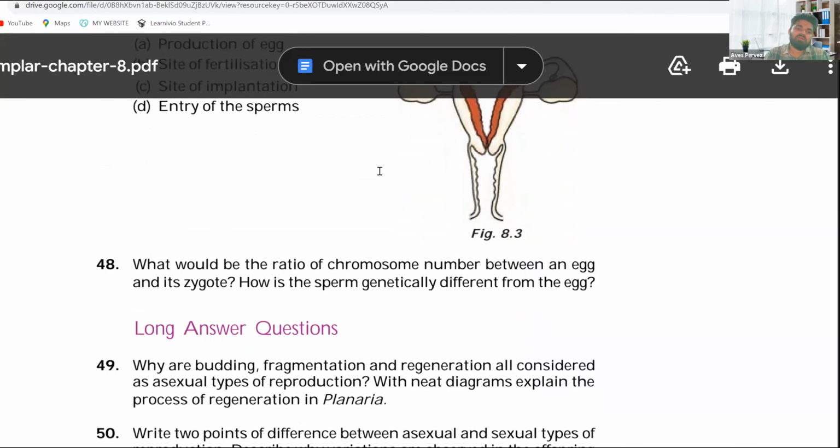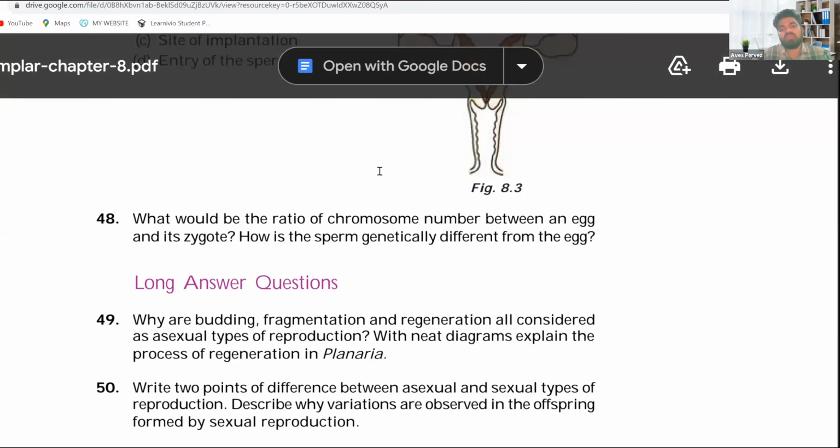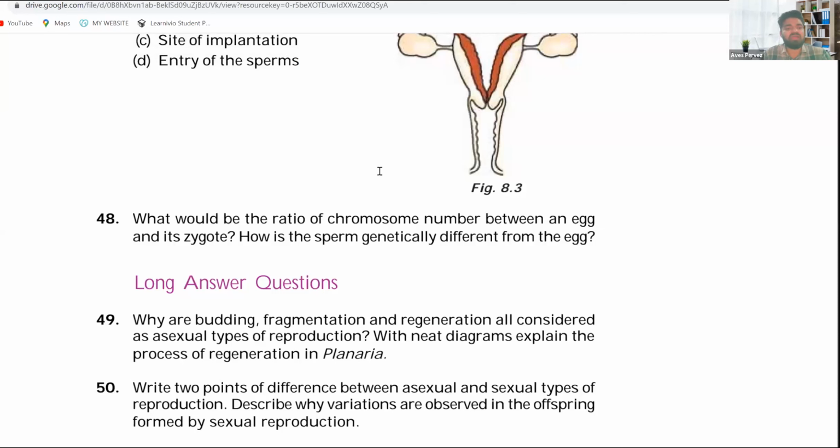Question number 48. What would be the ratio of the chromosome number between an egg and its zygote?